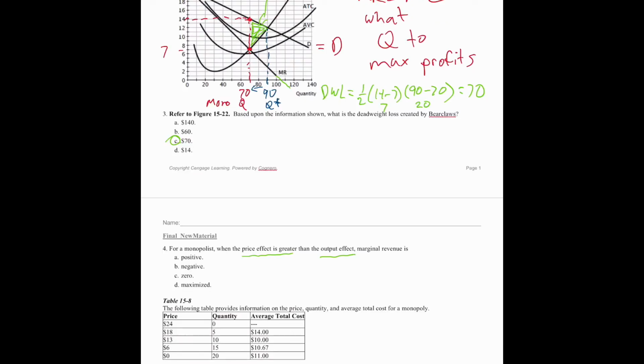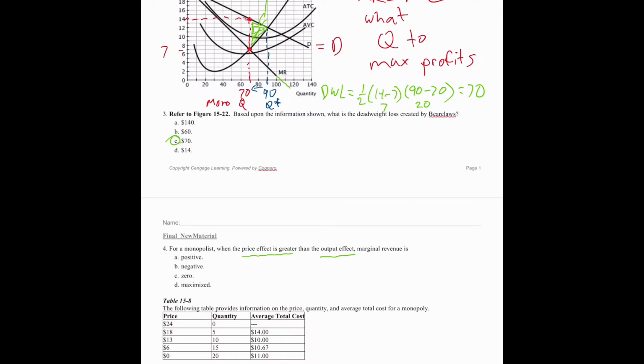Well, we know that marginal revenue is always maximized at the midpoint of demand, and that for a monopolist with a linear demand curve, the marginal revenue has twice the slope of the demand curve.